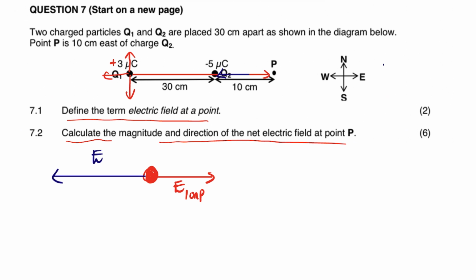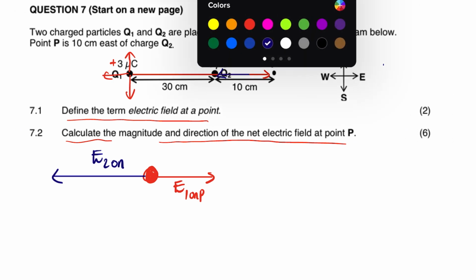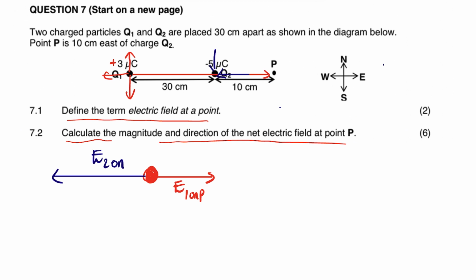This is E of Q2 on P, because the field lines of Q2 are going towards P like that, so it's going to go to the left.